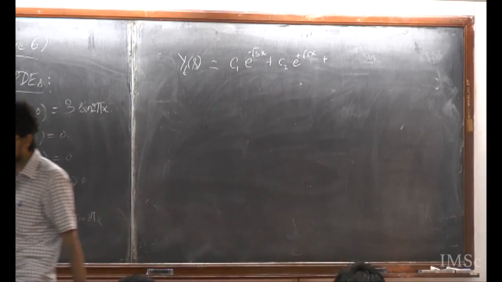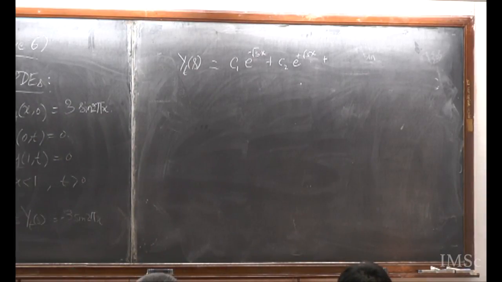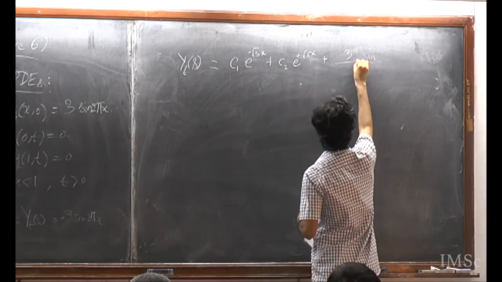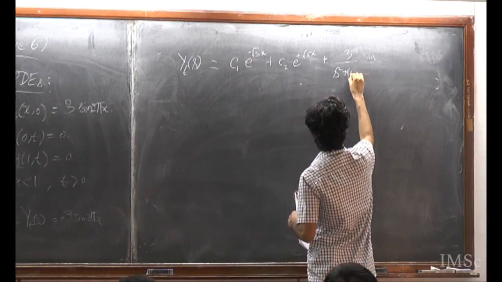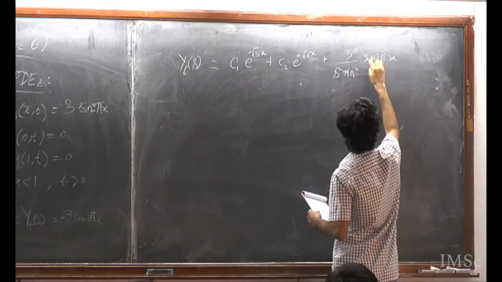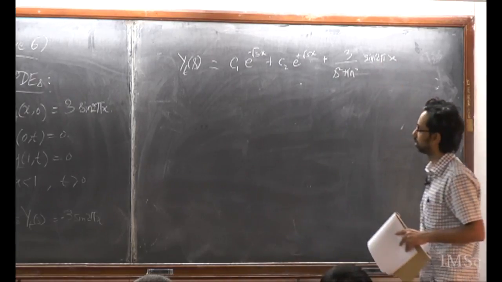I forgot. So the answer is 3 over s plus 4 pi square, sine of 2 pi x.